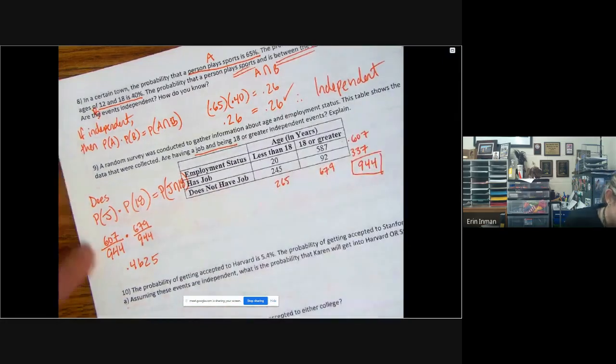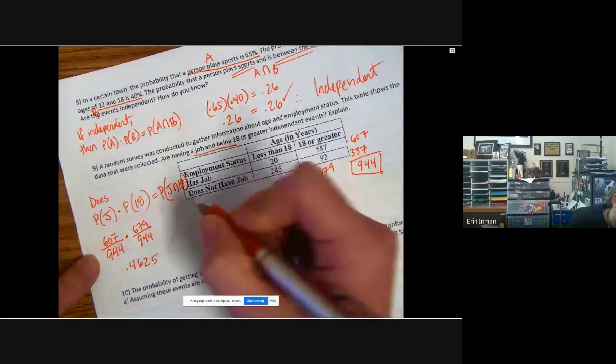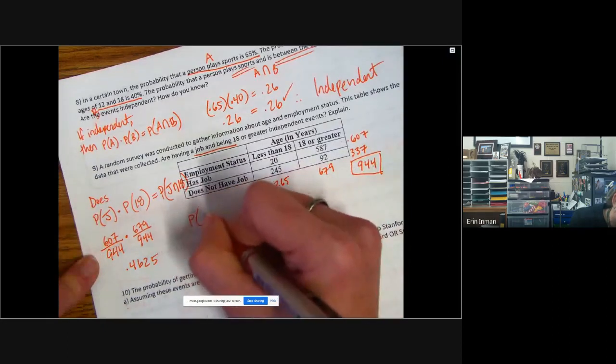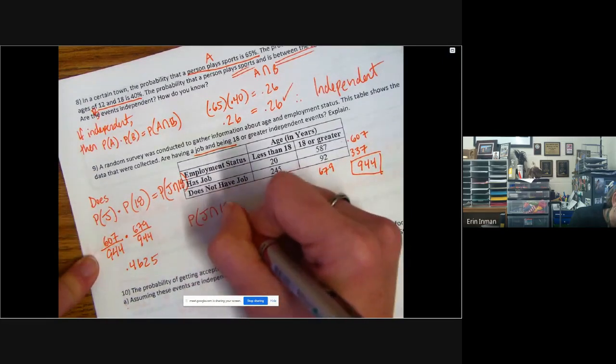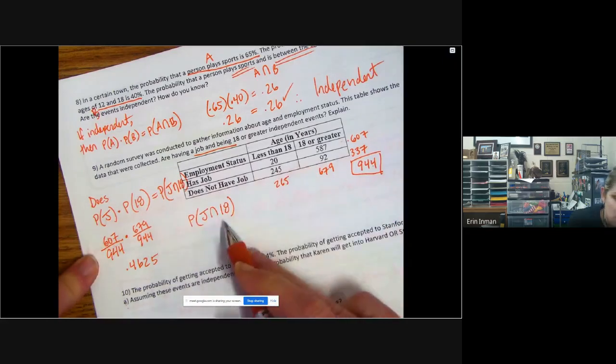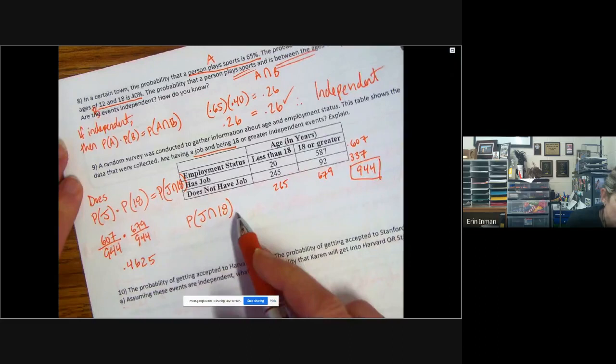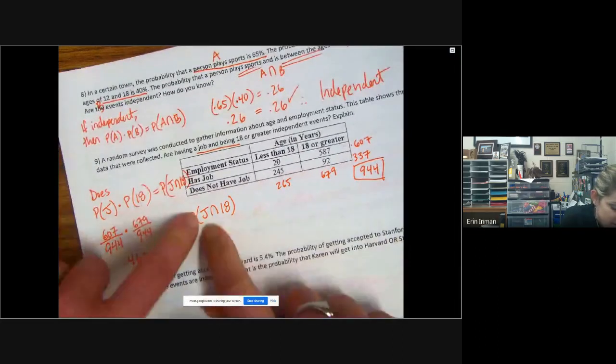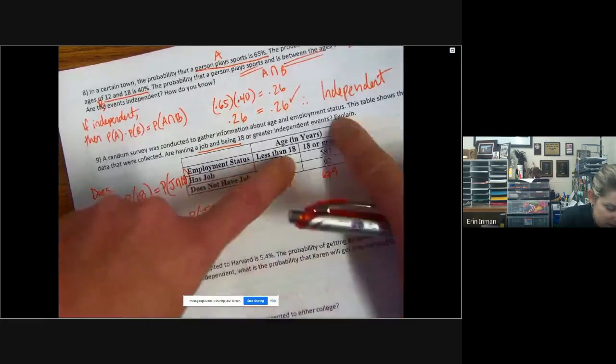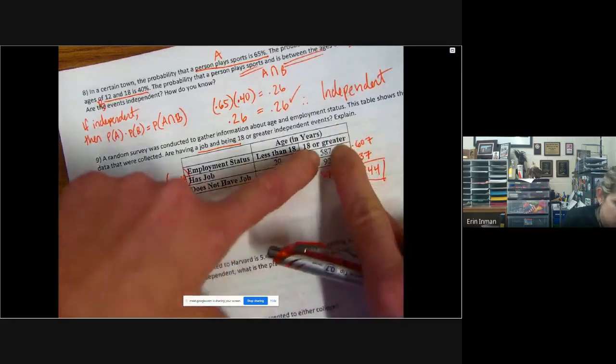All right, well, there's this one. Let's find the probability of the intersection. They both have a job and are over 18. Notice we're still talking about the whole group. So this is the intersection, has a job and 18 or over.